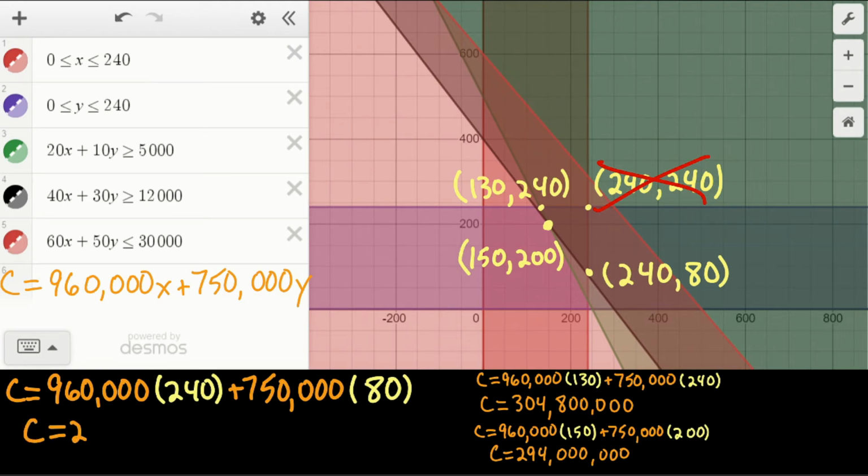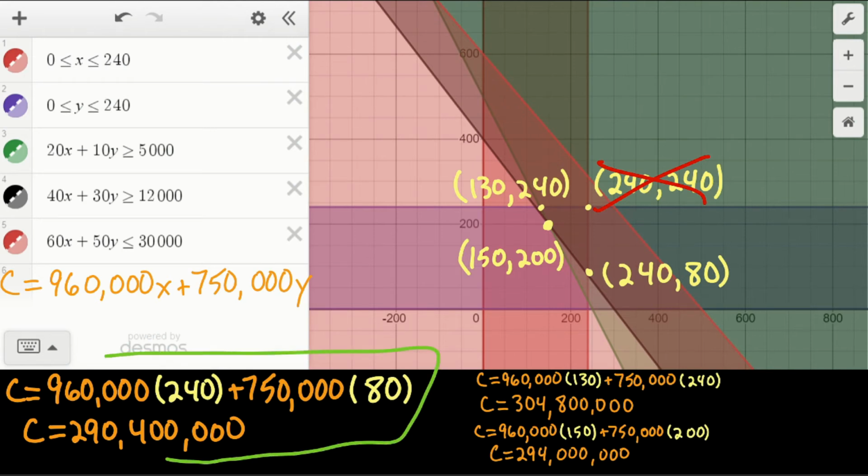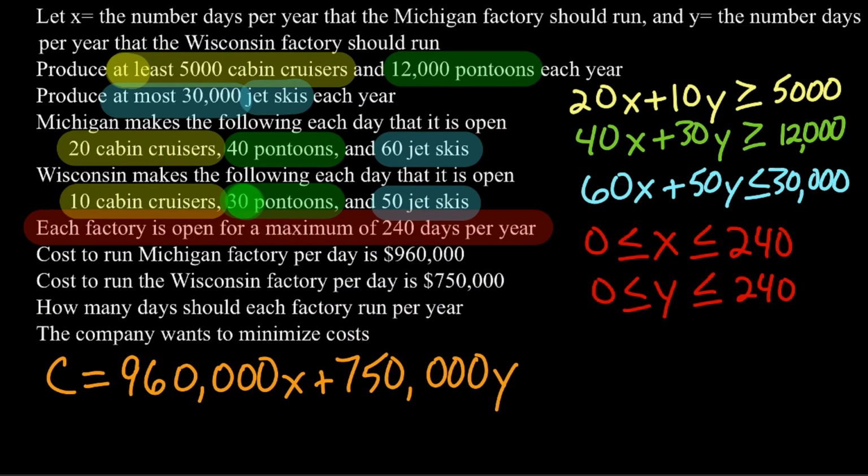So if the company wants to minimize their costs, then it appears to me that this is going to be the one to do it, where the Michigan factory is open 240 days, and the Wisconsin factory is open 80 days.